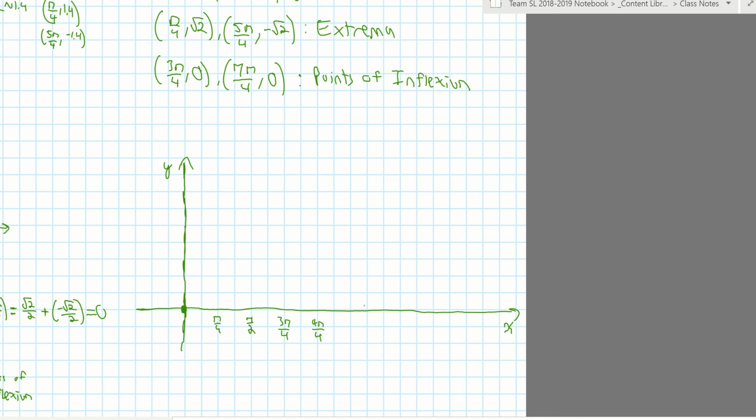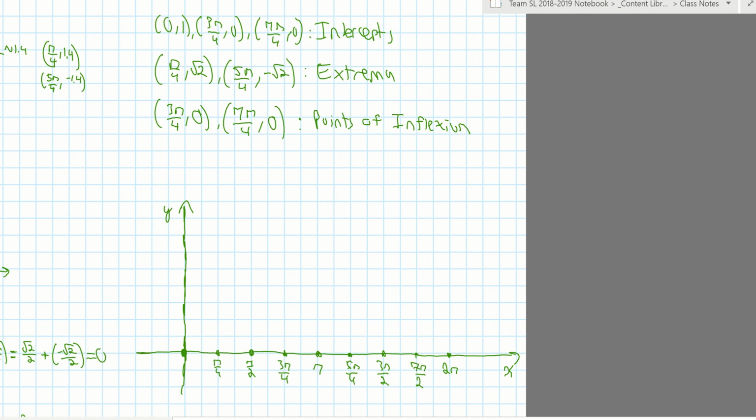We just keep writing it like this, and keep going up: 5 pi over 4, 6 pi over 4, then 7 pi over 4, and finally 2 pi, which is 8 pi over 4.